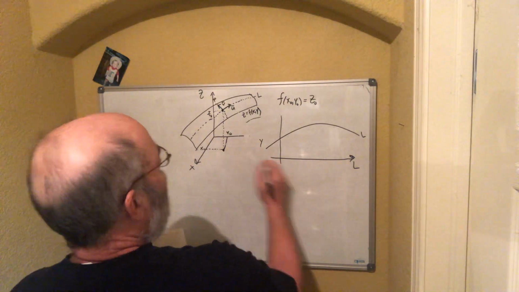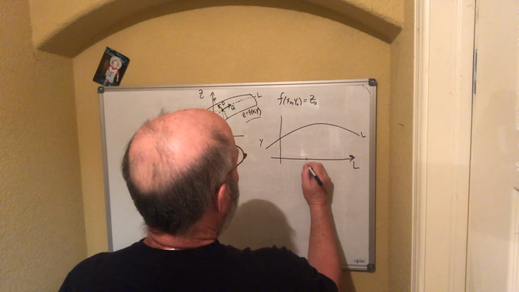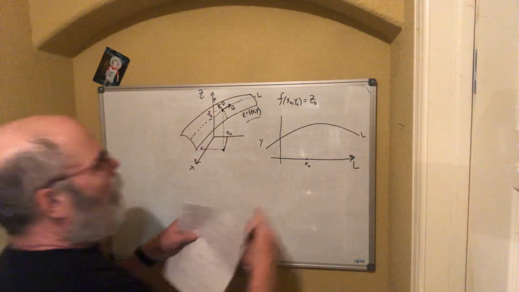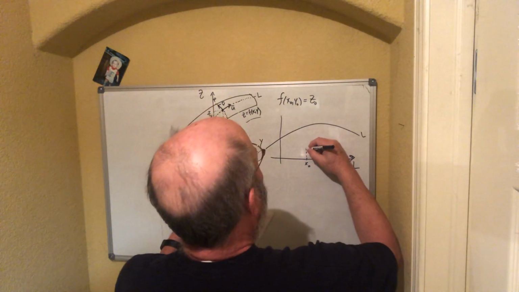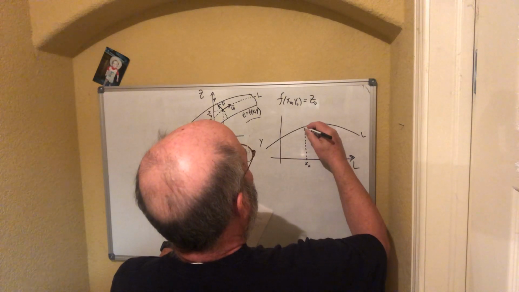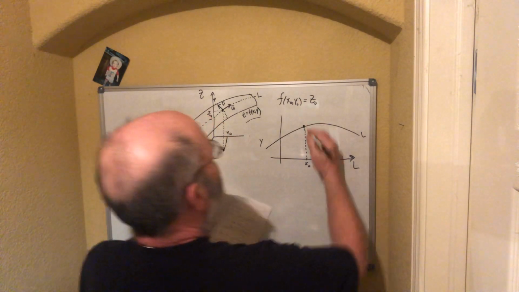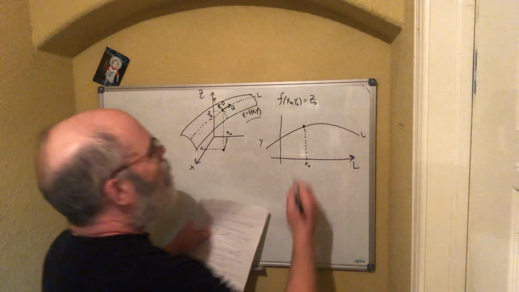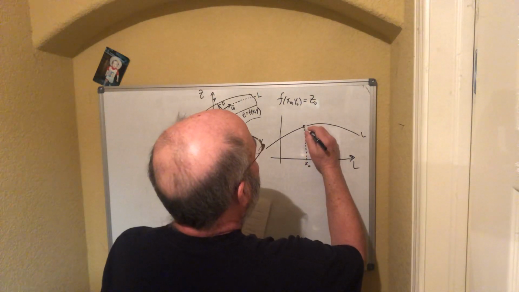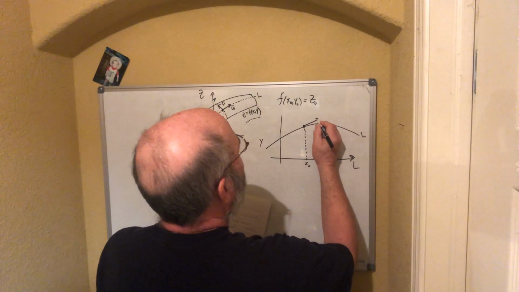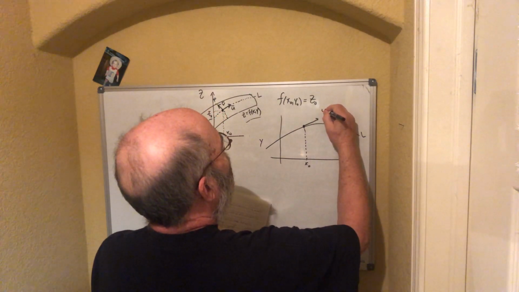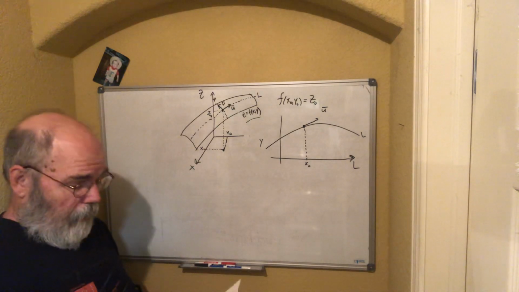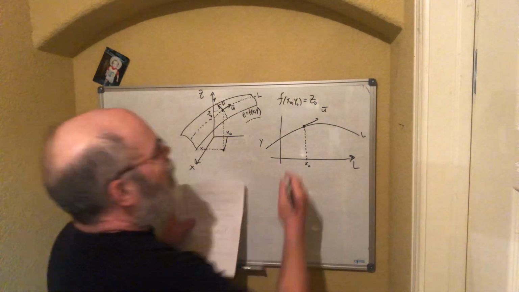All right? So anyway then, say at this point x naught, the place where we're looking there, that corresponds to that point on L, and the vector u at this point is going to be a tangent vector to L, just sort of as I've indicated there.